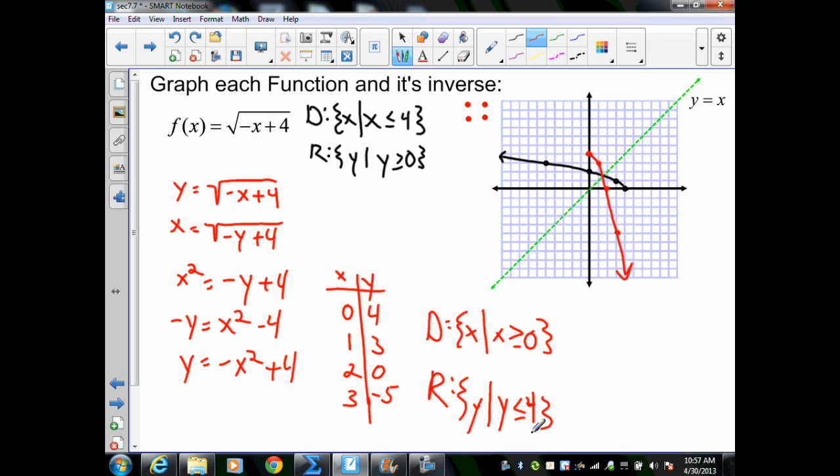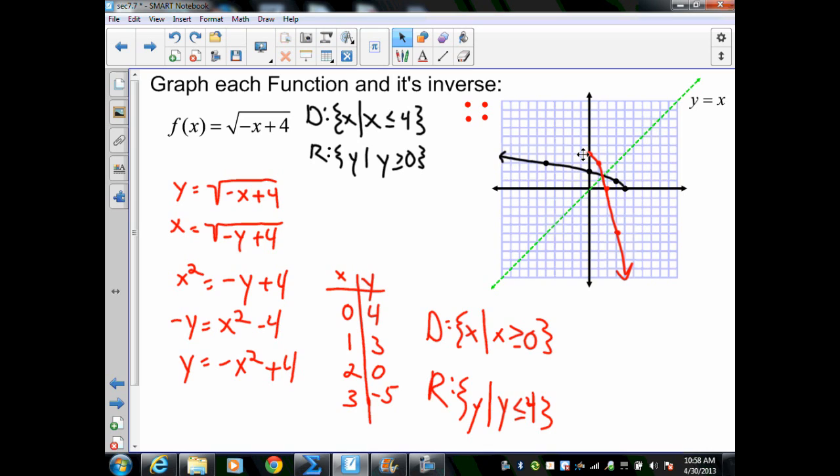And you can see I have a domain, x, that starts at 0 and increases. When I substitute those values in, I get values of 4, 3, 0, negative 5. And that makes my range decrease, y is less than or equal to 4. I can graph those points. I get 0, 4.